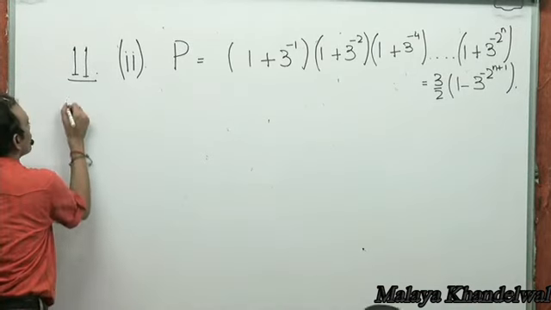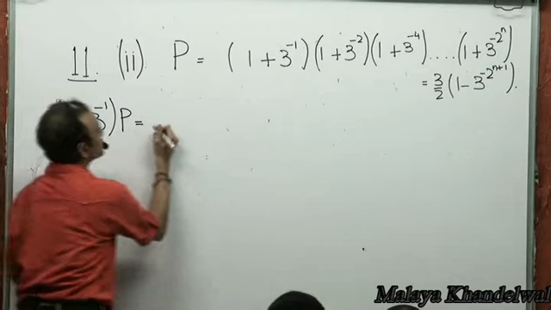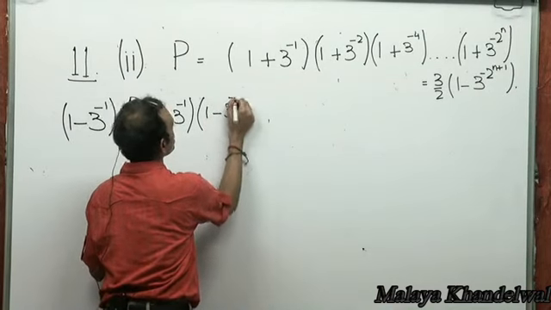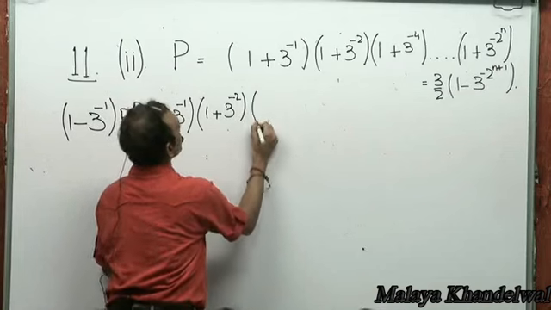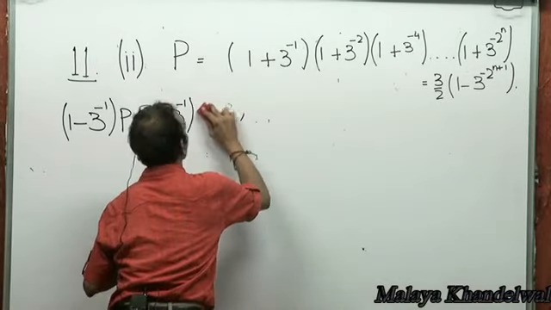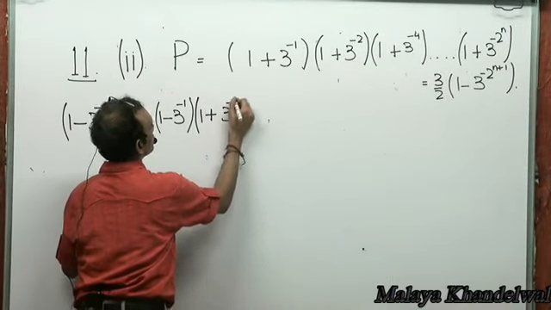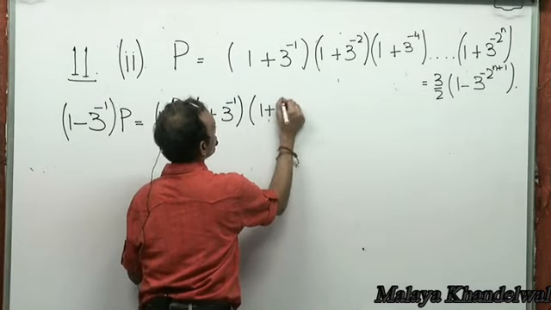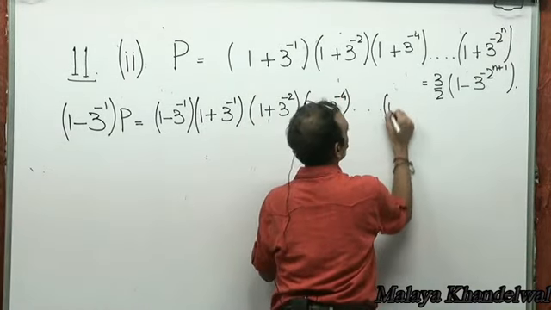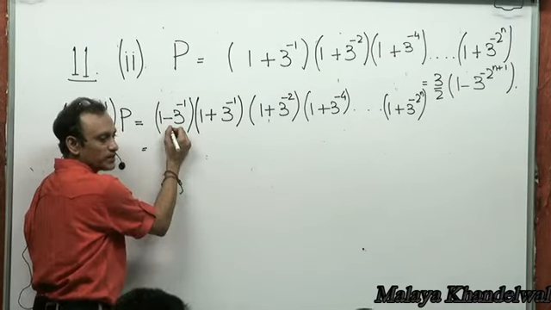So what we do is, very good, Raj. (1 − 3^−1) into P equals (1 − 3^−1) into (1 + 3^−1), (1 + 3^−2), (1 + 3^−4), up to (1 + 3^(−2^n)). a plus b into a minus b, a squared minus b squared.